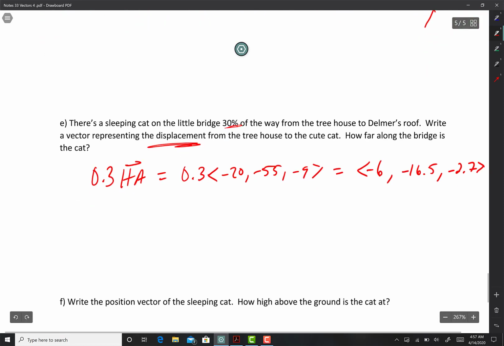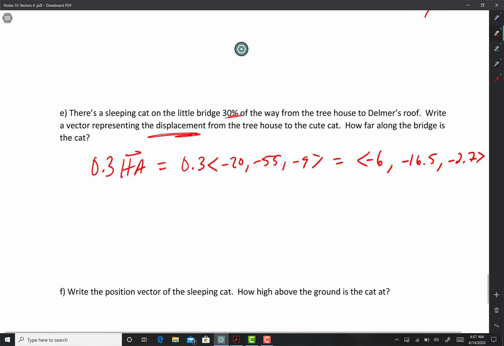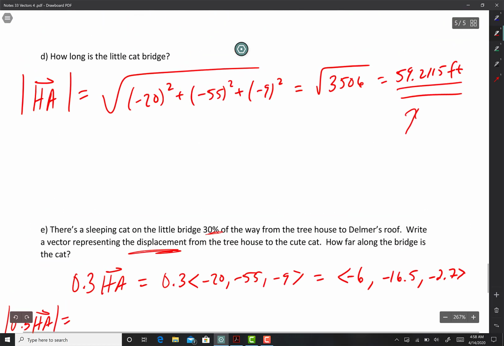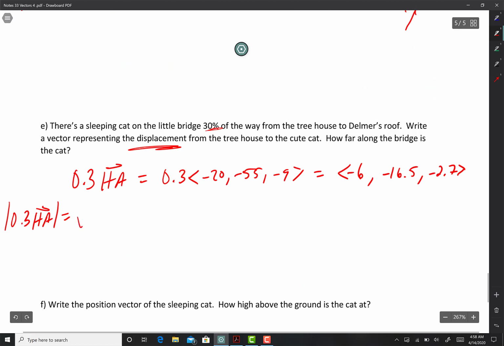All right. So 0.3 of HA should be the same number as 30% of the length up here, so we're going to find out in a little bit, guys. Negative 6 squared plus negative 16.5 squared plus negative 2.7 squared. Let's see what we get.